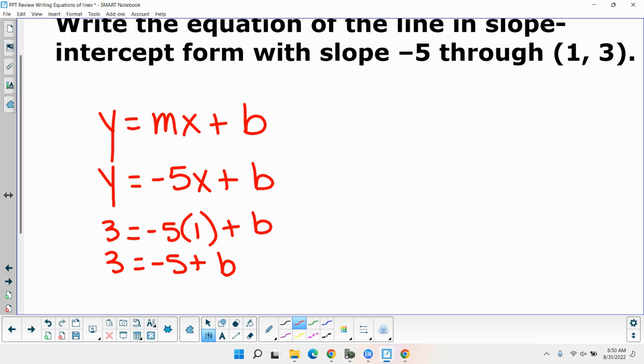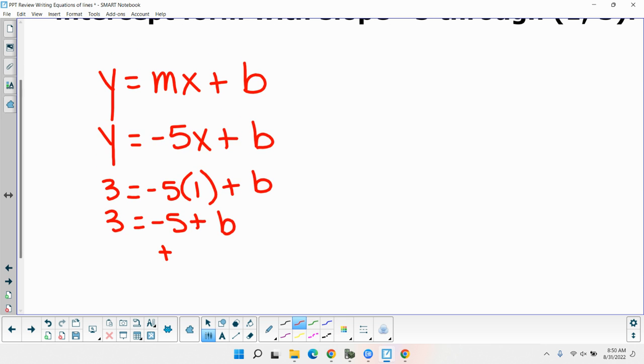What do I do to finish it up? Bring the 5 up. How do I bring it up? Add 5. Right, add the 5 over. So Jonathan, what's the equation of the line going to be?